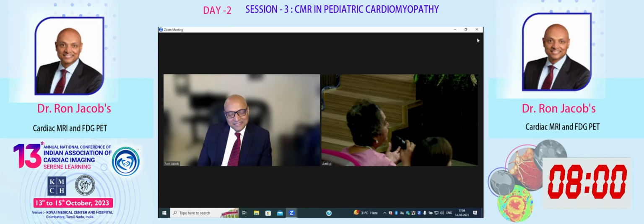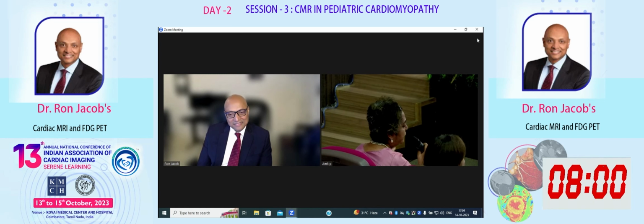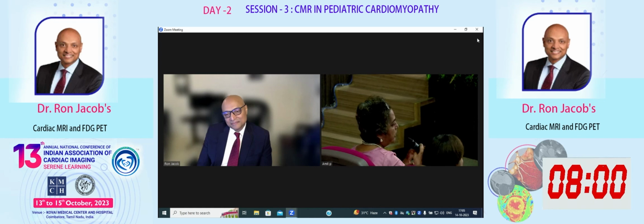So you have a feel for what your values are, and then you change your software or something, and you just continue using the same mapping. If you feel the values are going wonky, something has gone wrong, then you need a phantom or X number of volunteers again.